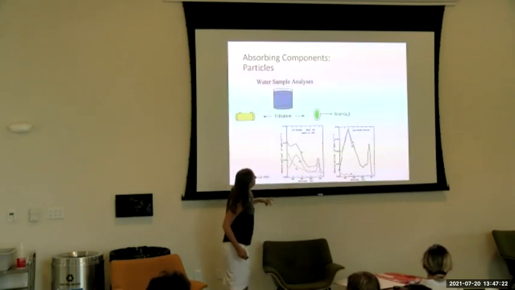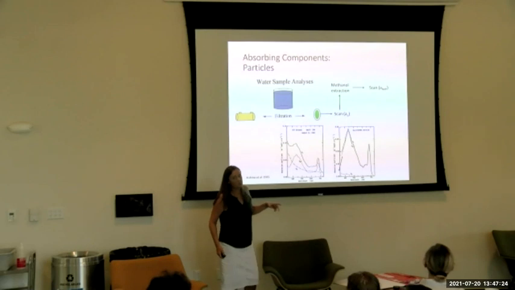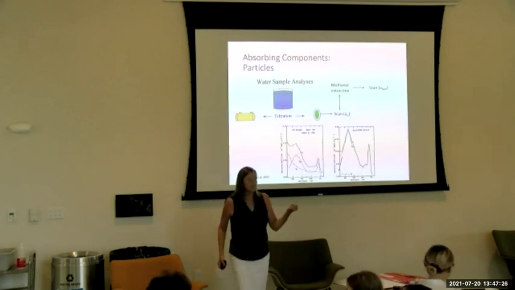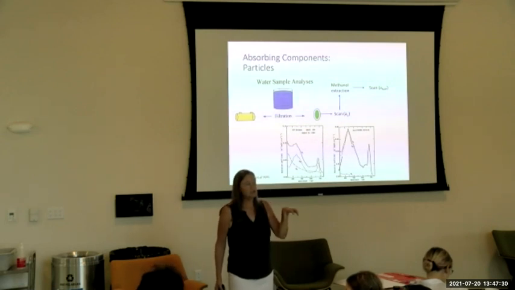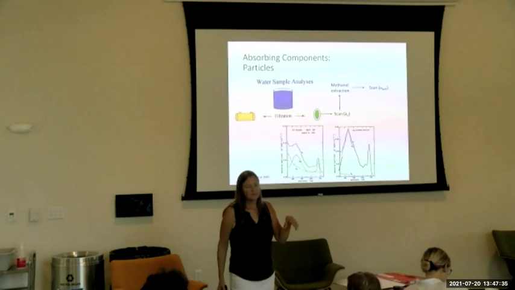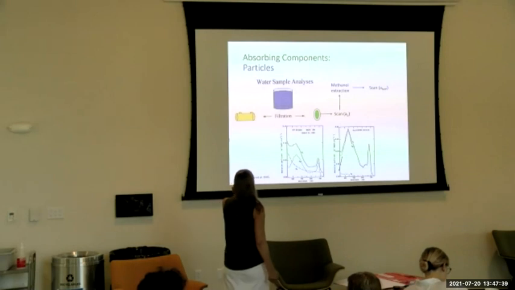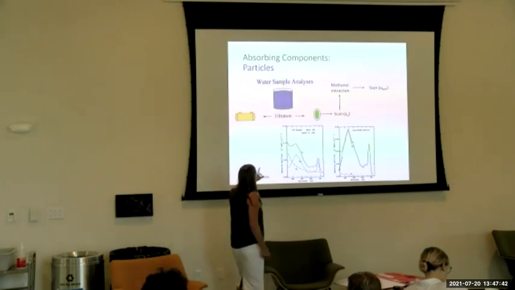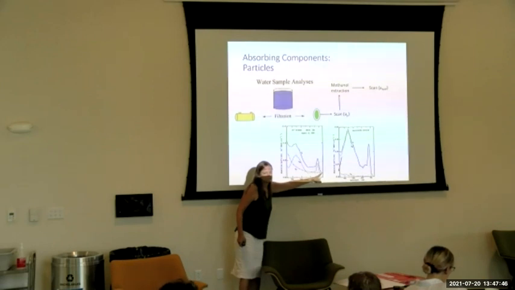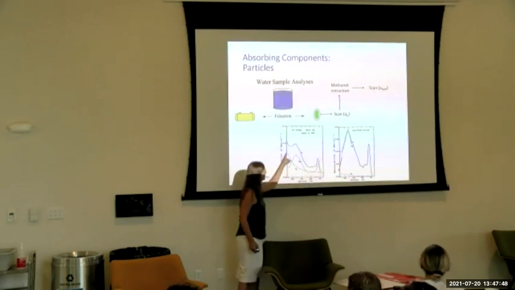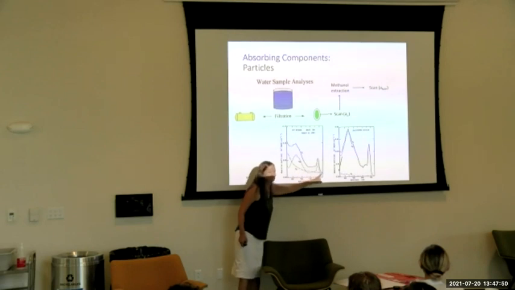Then they extracted with methanol, which removes the pigments, leaves behind all the other stuff on the filter, including phytoplankton cells, the phytoplankton membranes, cell walls, nucleus, DNA material. They scan it again, and you get this scan. What does the shape of that remind you of? CDOM. But this is particulate.